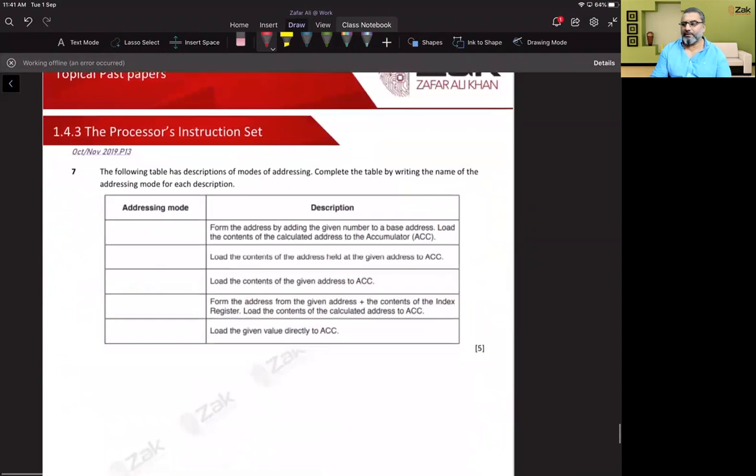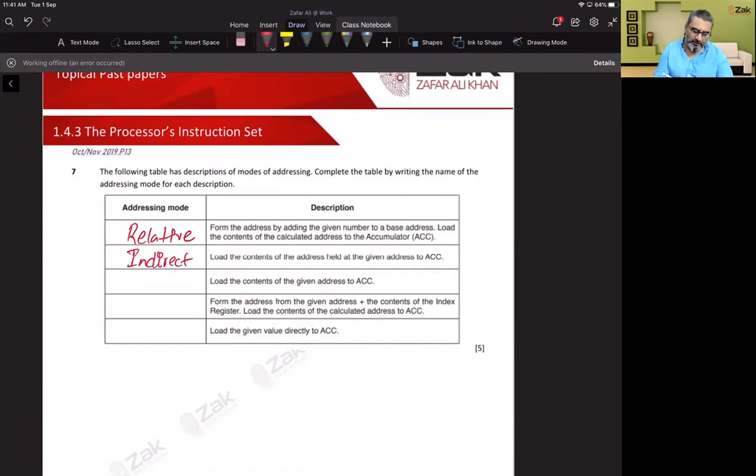October, November 2019. We have to identify the addressing mode. Form the address by adding the given number to the base address: relative. Load the content of the address held at the given address: this is indirect.